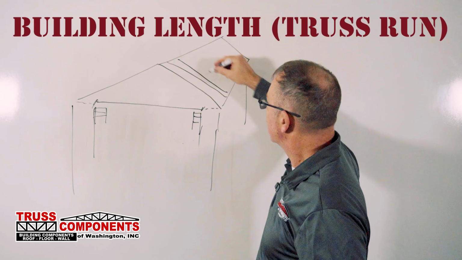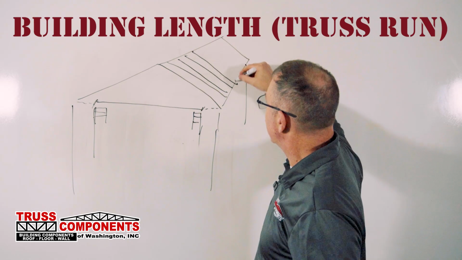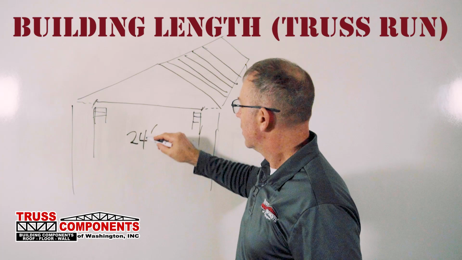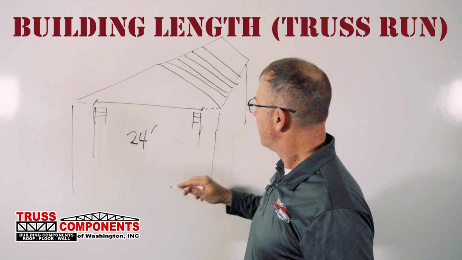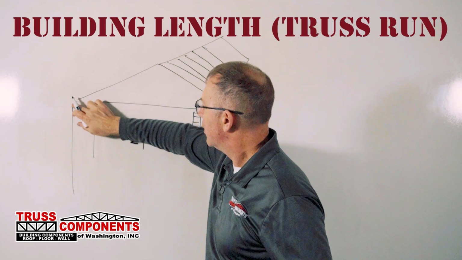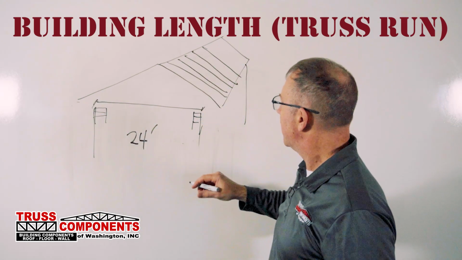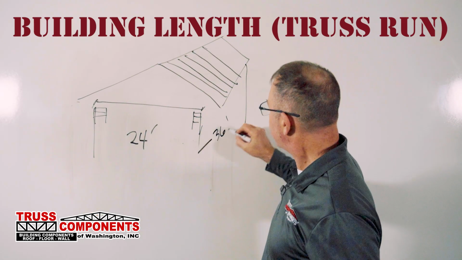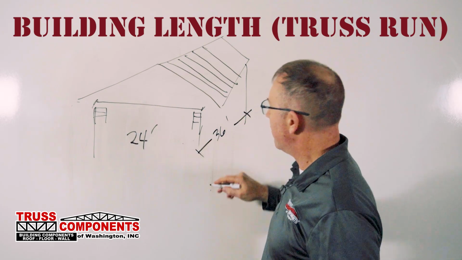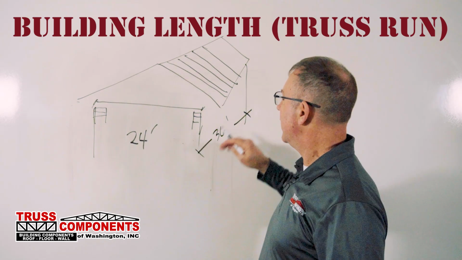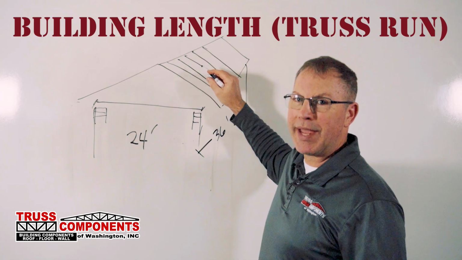So for instance, if we're doing a 24-foot truss span and the truss length happens to be 24 feet as well with a standard overhang on it, and our building is 36 feet long, well, the number of trusses that we're going to need is going to change dependent on the truss spacing.